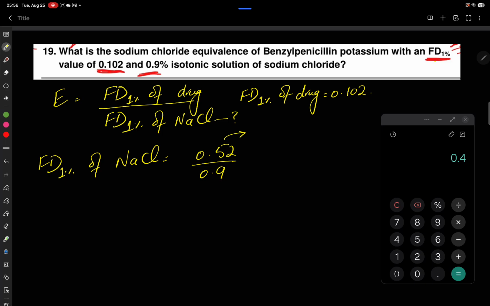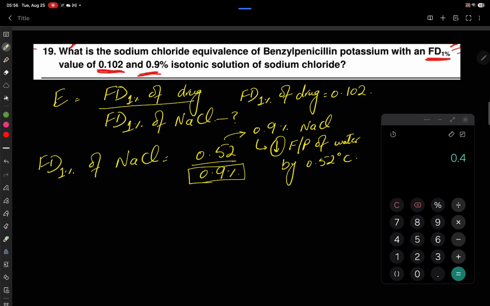It implies that an isotonic solution of NaCl, that is 0.9% NaCl, depresses the freezing point of water by 0.52 degrees Celsius. So that's why we have written 0.52 here, and 0.9% is the concentration of isotonic NaCl or normal saline.